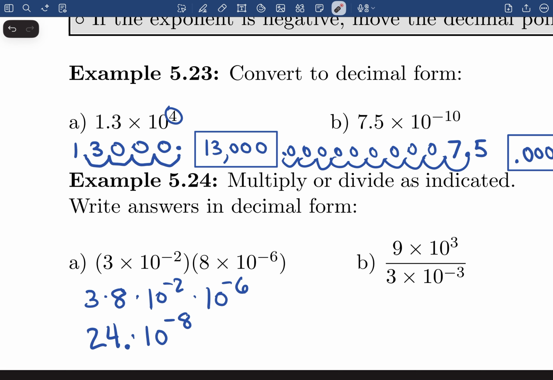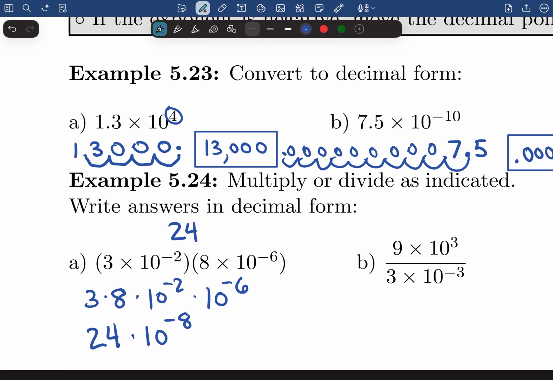I need to move this 24 8 decimal places to the left. I'll do this up above. So taking 24, okay, and moving the decimal 8 places to the left. 1, 2, 3, 4, 5, 6, 7, 8.